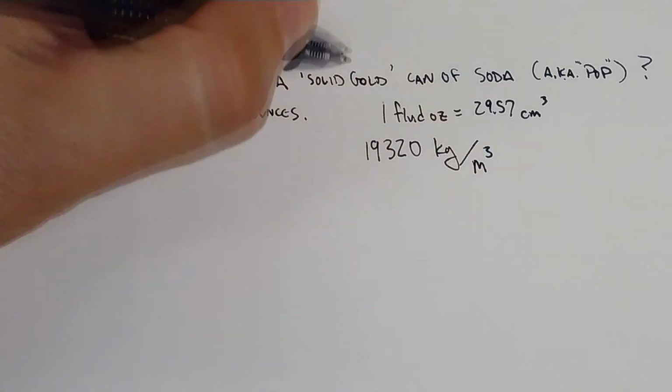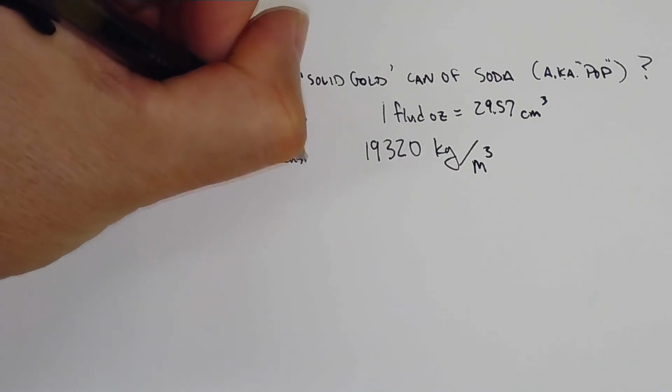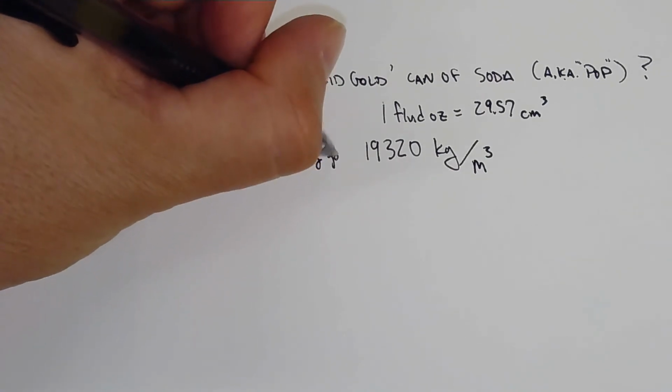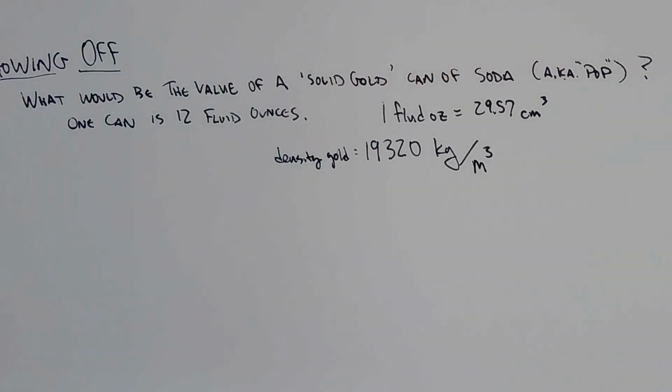And this is the density of gold. So if you had a cubic meter of gold, first of all, congratulations, but it would be 19,320 kilograms in mass. But you wouldn't have to worry about how heavy it is because you'd have enough money to pay a bunch of people to lift it up for you.